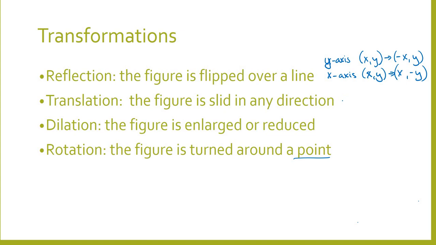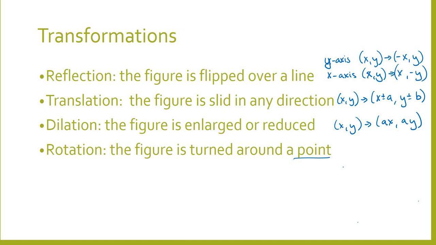A translation: (x, y), we're going to add or subtract some number from x and add or subtract some number from y. They don't have to be the same number. Our dilation, we take each value from the ordered pair and we multiply it. You saw that we could multiply it by a whole number.